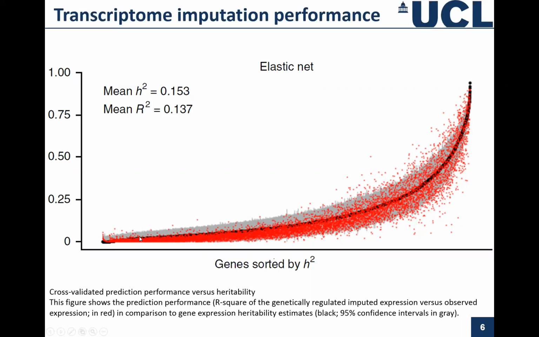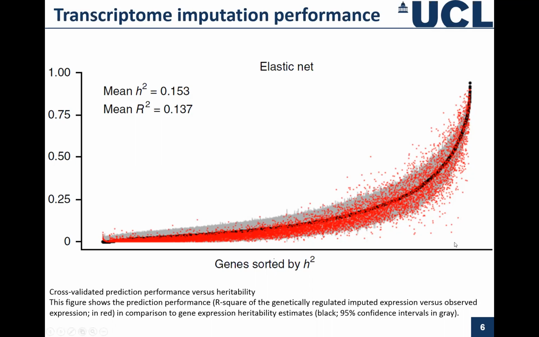This depends on this black line, which depicts the heritability of the gene expression. Heritability in this sense can be calculated in the same way as you would calculate the heritability for traits, based on the concordance of genotypes between unrelated samples.